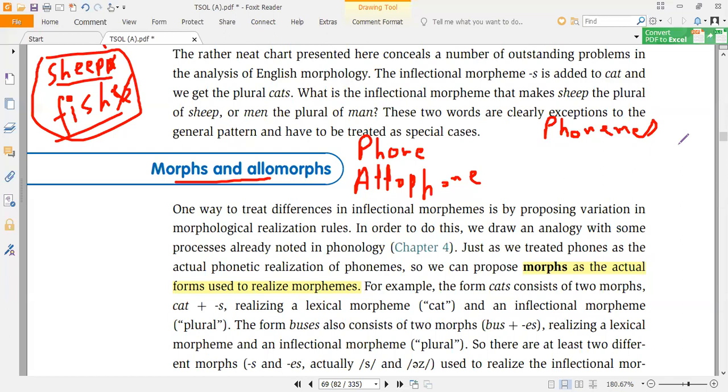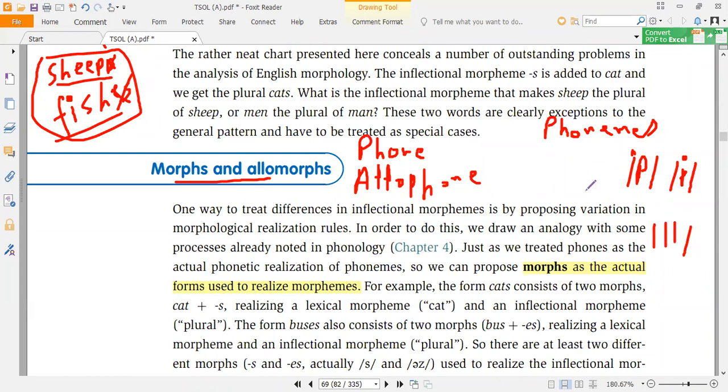Like we have got the p phoneme, so we have got aspirated p, for example, which is one phone. Unaspirated p is another phone, right? We have got nasally exploded p, dentally exploded p. Multiple varieties are there. In the same way, light and dark l. I hope you remember light l and dark l, right?